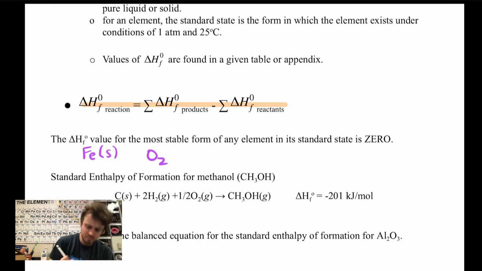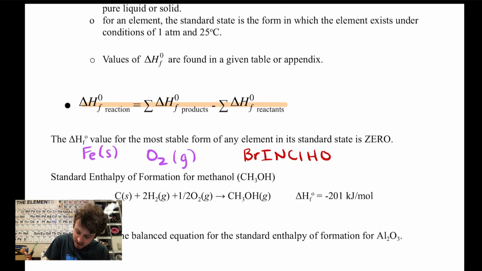But there are some that we know, like oxygen, that its stable form is as a diatomic gas. And so that is O2 gas, for example. Remember that our diatomics, just as a quick reminder, are Brinkelhoff, or bromine, iodine, nitrogen, chlorine, hydrogen, oxygen, and fluorine. All of these show up as diatomics, not all gases, okay, but they are all diatomics.